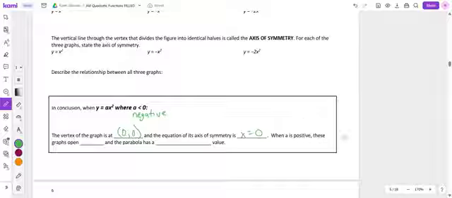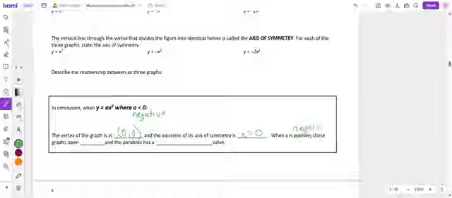When A is positive, it opens up. And when A is, oh shoot, take that back. That's supposed to say, what is it supposed to say? Negative. When A is negative, the graph opens down, and the parabola has a max.